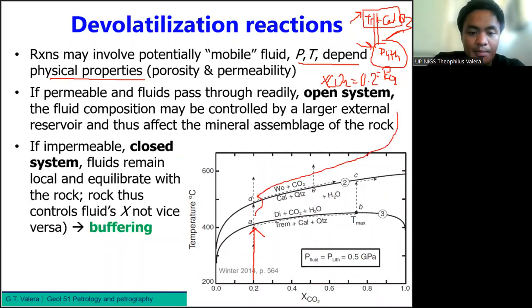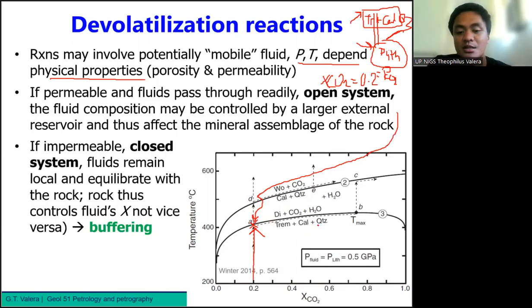So in an open system, the composition of the fluids in the rock above is maintained at 0.2. Then the amount of reactants, tremolite, calcite plus quartz, is exactly equal to the amount of the products, diopside, carbon dioxide, and water, and you don't have a degree of freedom. Meaning this point here becomes an invariant point.